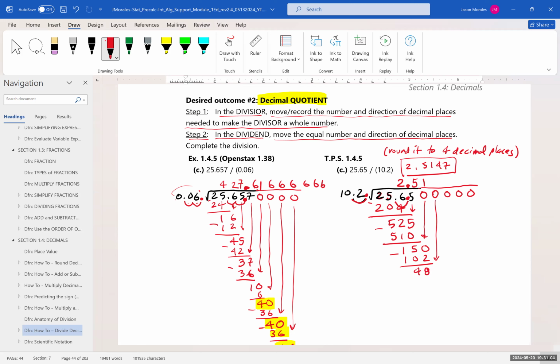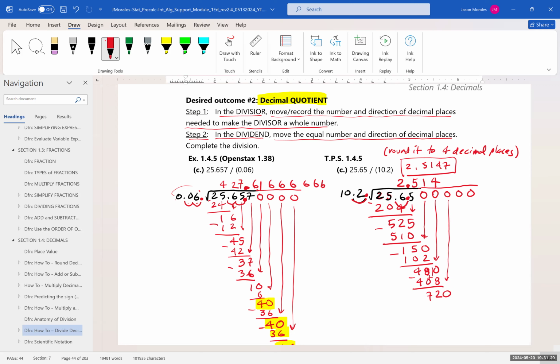Drop down a 0. And 102 will go into 480 4 times. And so that'll give us 408. And 480 minus 408 will borrow, and that gives us 72.